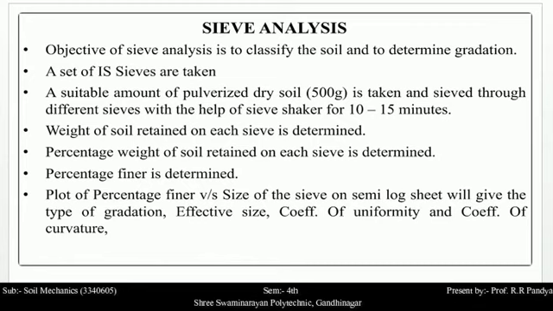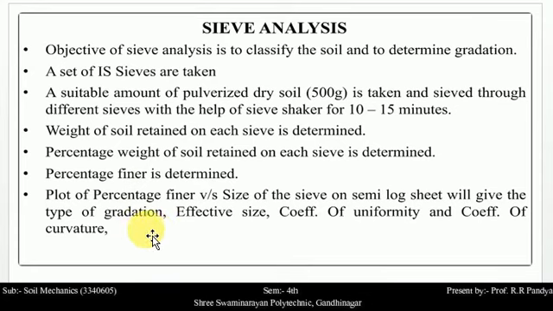A suitable amount of pulverized dry soil, about 500 gram by weight, is taken and sieved through the different sieves with the help of a sieve shaker for 10 to 15 minutes. The weight of soil retained on each sieve is determined. The percentage weight of soil retained on each sieve is determined. Percentage finer is determined.